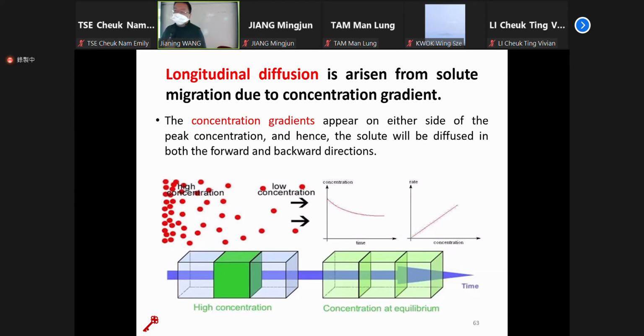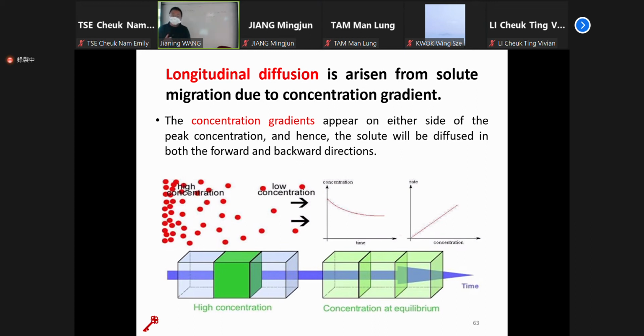Usually, it's not a good idea to reduce the temperature, because that will affect many other properties of the separation. But you should know temperature will contribute to the diffusion rate.